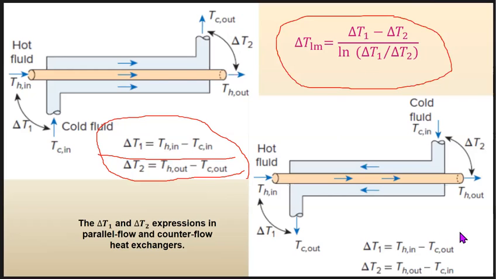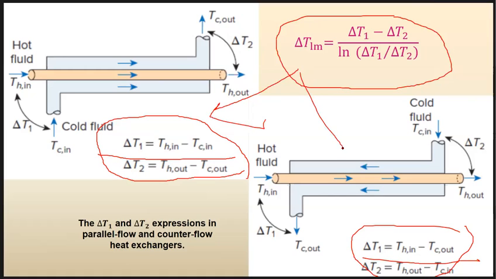So the equation for both the parallel flow and counterflow heat exchangers is exactly the same. The structure of the equation is the same. The form and shape of the equation is the same. The definitions of delta T1 and delta T2 are just different.